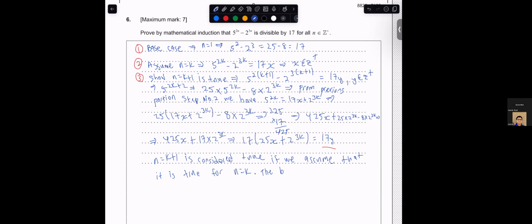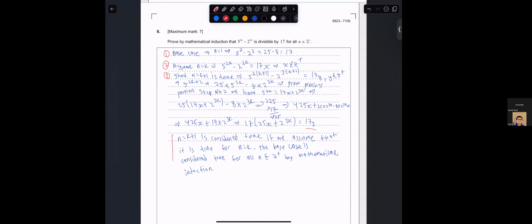The base case is considered true for all n in this domain by mathematical induction. So this is what we have to write as our concluding statement.